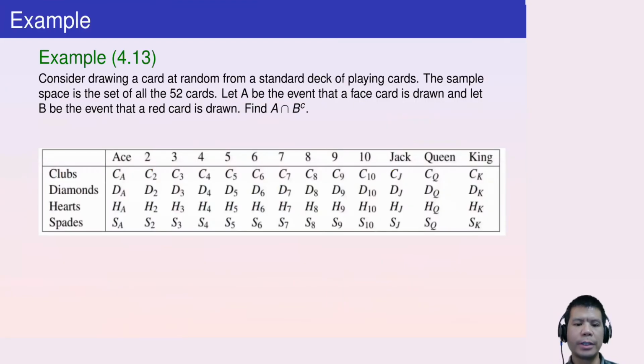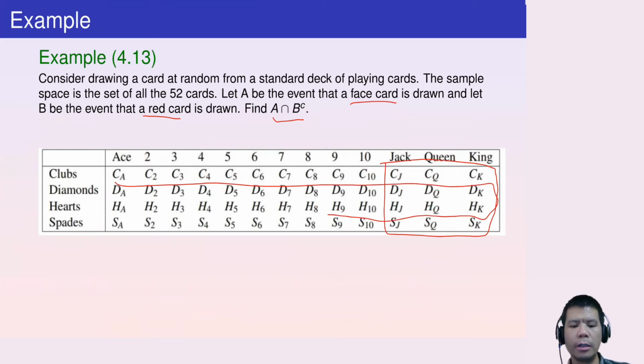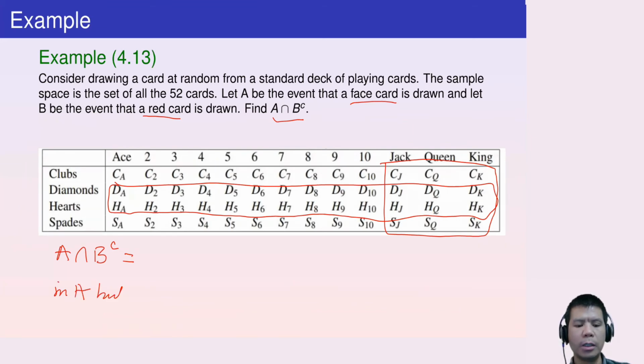Now again, let's consider this example. A is a face card. B is a red card. We want to find A intersect B complement. So this is my A, and this is my B. It must be in A, but not in B. In A, it must be face cards.